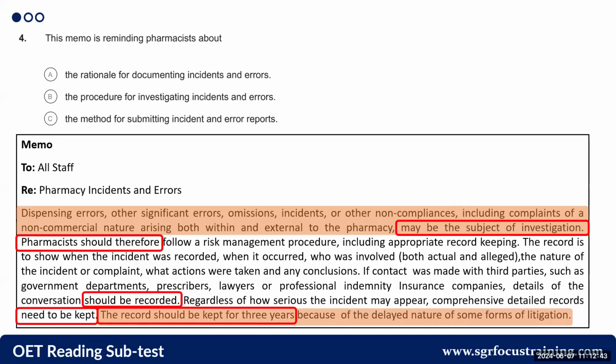So this conjunctive adverb therefore informs us that because the following errors, as mentioned above, and omissions or incidents may be the subject of investigation, this is now telling us that pharmacists need to follow risk management procedure and record keeping. So because of these, as the reason for being the subject of investigation, the next sentence is telling us what pharmacists should therefore do.